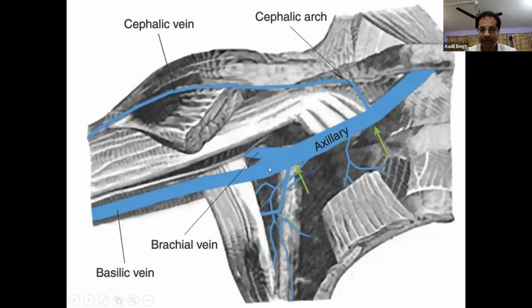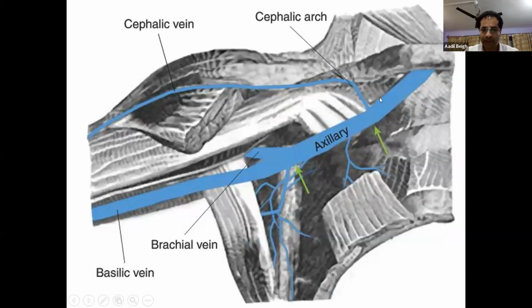When it joins the axillary vein, this is the cephalic, this is the basilic vein, which is joined by the deep veins of the brachial veins, which forms the axillary vein, joined by the cephalic vein, which forms the subclavian vein.